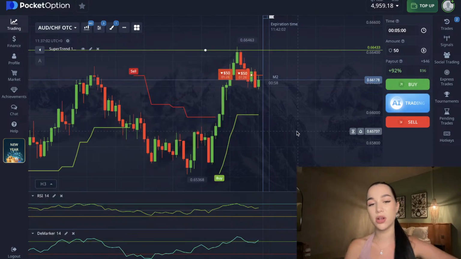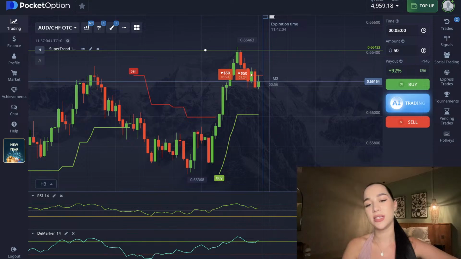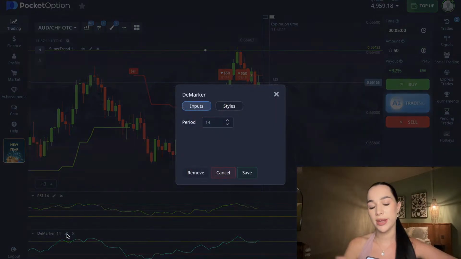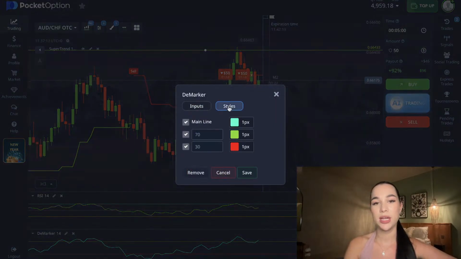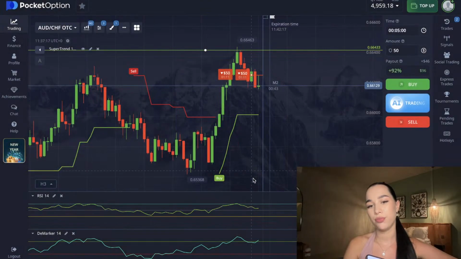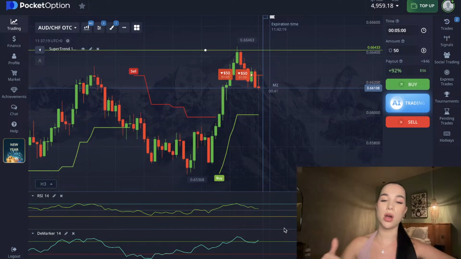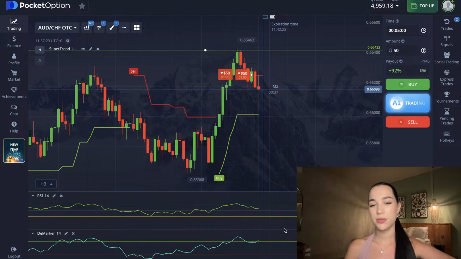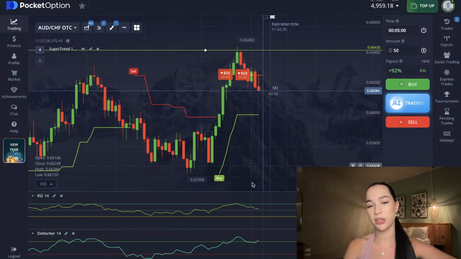The Marker is also working kind of the same as the RSI indicator. You can see that they almost look the same. If we go to settings, here we see the period is 14, the status of the main line, and levels 70 and 30. So level 70 again is the overbought zone, level 30 is the oversold zone. This is the same situation, but we can see that the Marker and RSI look kind of different.